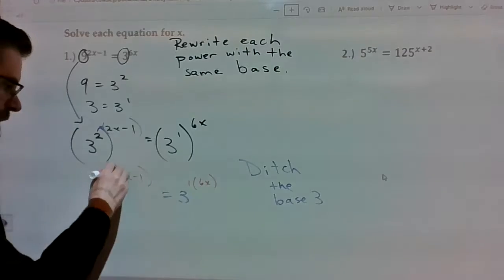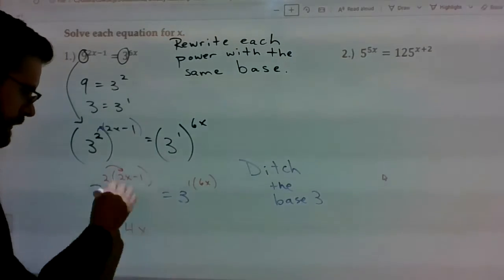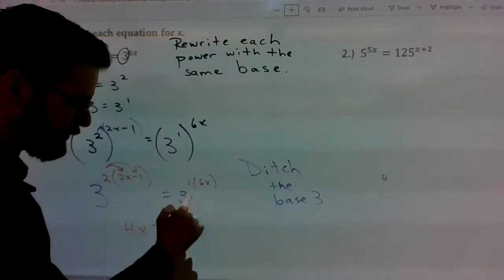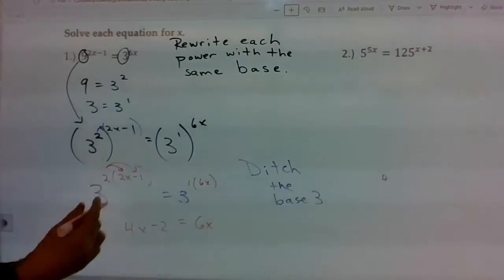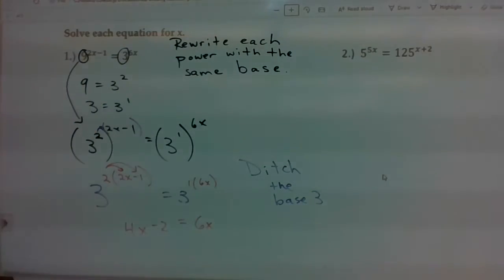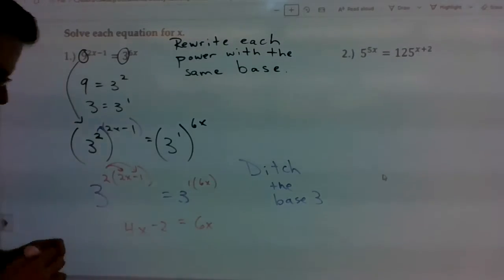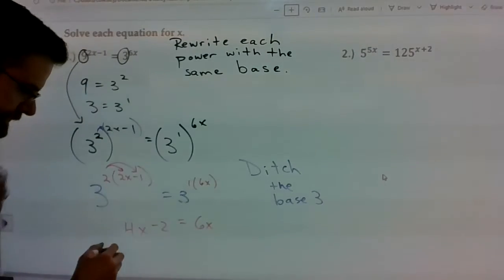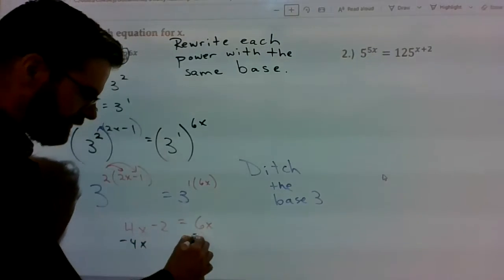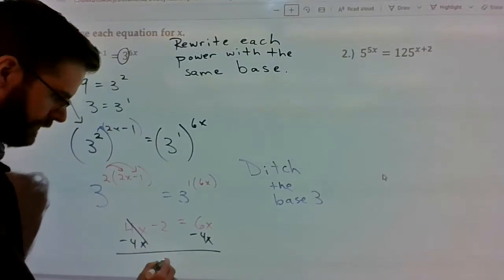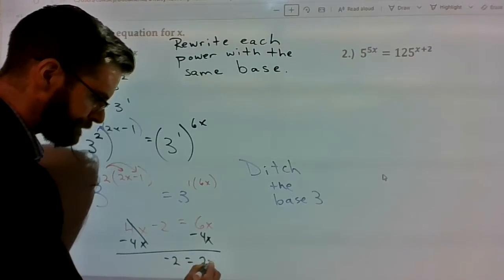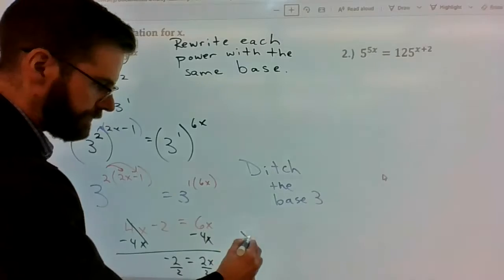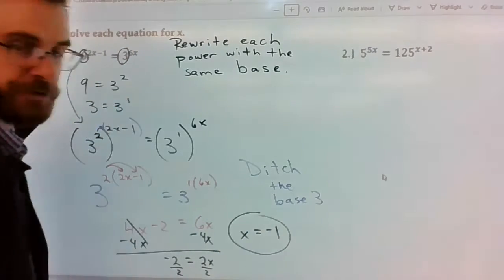So the red is going to be 4x minus 2, I've ditched the purple 3's, is equal to 1 times 6x. All right. And now we have such a simple equation, it's almost too easy. There's your answer.